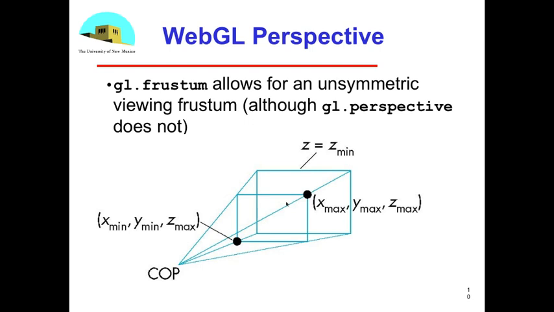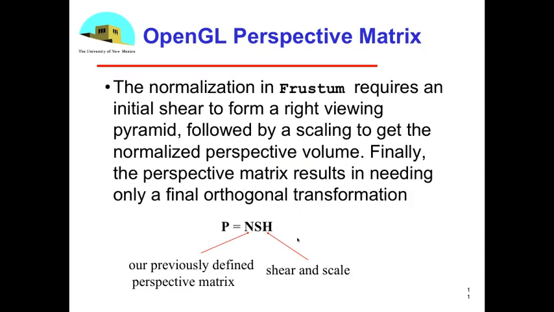And then I do the scaling that I need to do to make this come out to be as it was for the orthogonal case. So that's what we're arguing here. The derivation is in the book. So you're going to wind up doing the perspective we had before, a shear and a scale in here. It turns out with the center of projection at the origin, you don't really need a translation to do this. Sort of the shear replaces the translation.